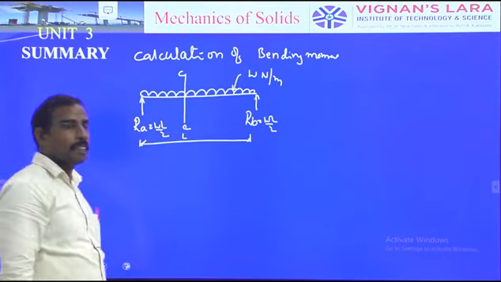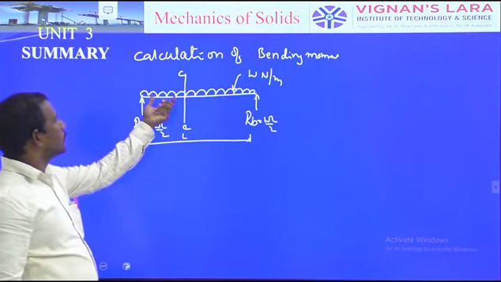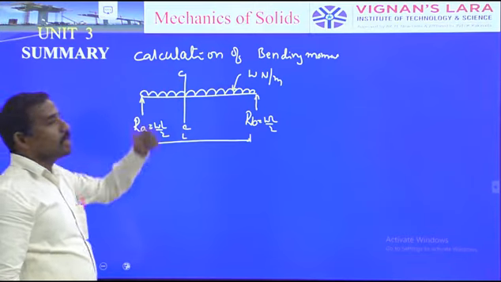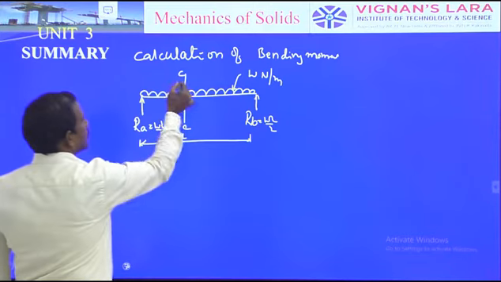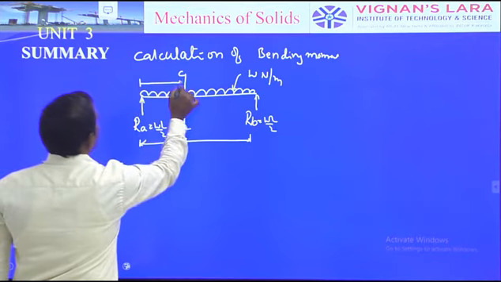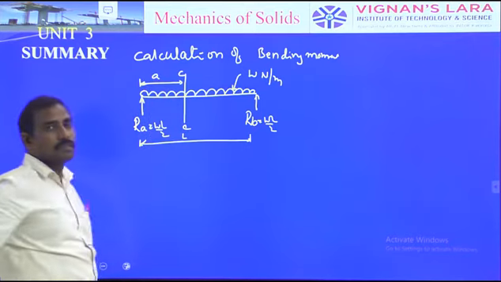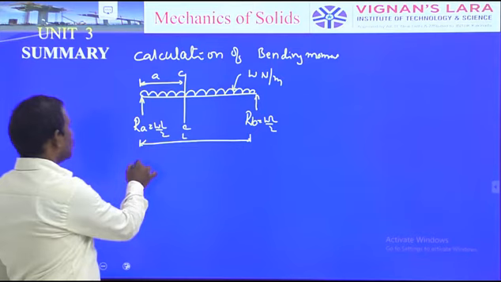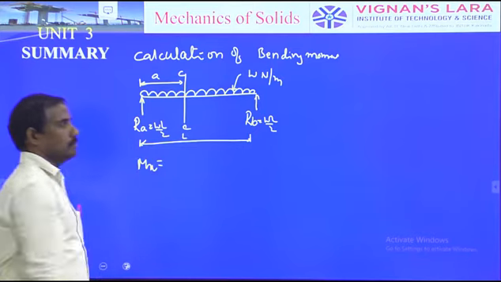You know that RA and RB. Now I would like to find the bending moment at a particular point C, at a distance, for example, X. So we have to formulate the bending moment equation.